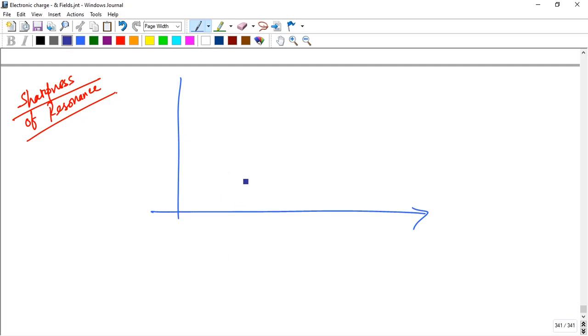Now here we see that IM is the maximum current, and this is very sharp. This here is called omega naught, the resonant frequency.